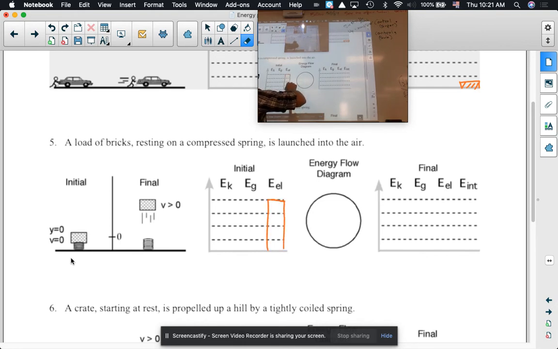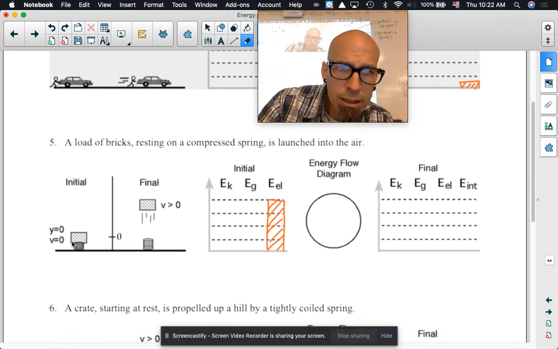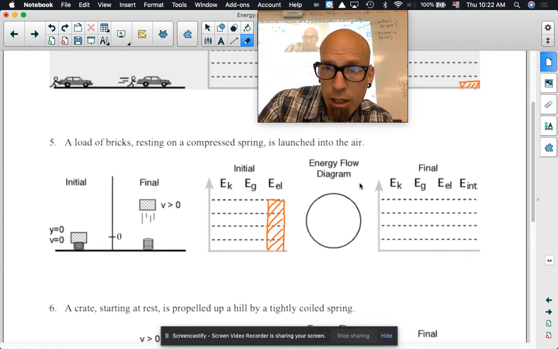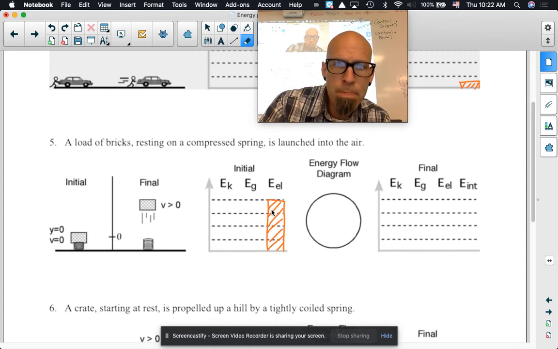And I'm going to go ahead and max it out with 4 blocks. Why? Because that's all we have. That's all there is here. It's just elastic, and it's not like we're going to be gaining elastic in the final, so I don't have to worry about going above 4 blocks. So I'm just going to say all 4 blocks are elastic in the initial.